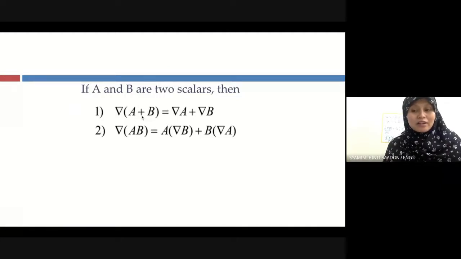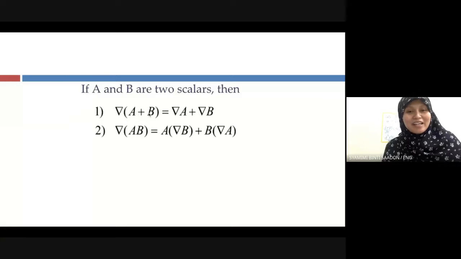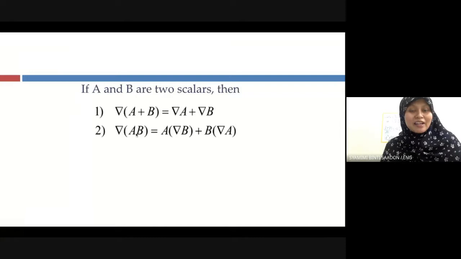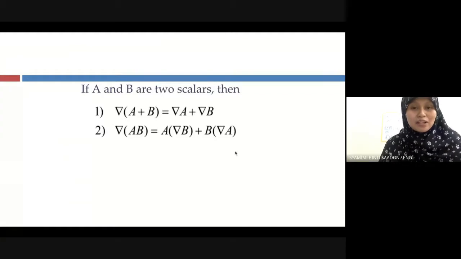Otherwise we will not call it a gradient; it will be called something else, which we'll see. The gradient of scalar A plus B is done separately: gradient A plus gradient B. And the gradient of A times B is A gradient B plus B gradient A. Those are the rules.